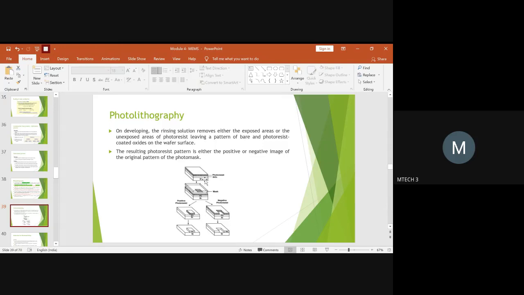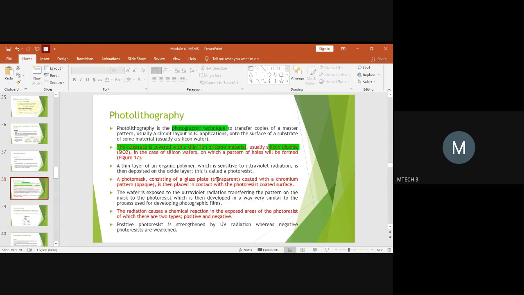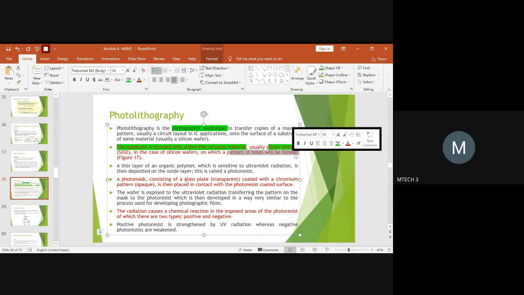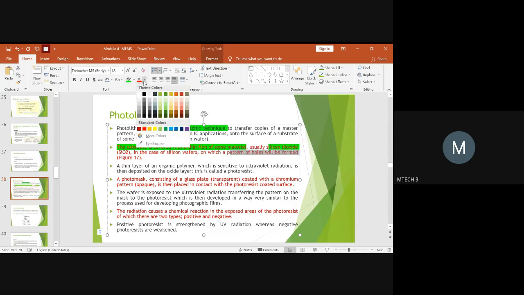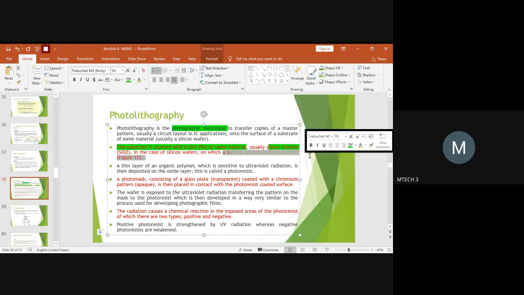If you are using glass, then you have to think about a different adhesive layer. Since we are using silicon, the adhesive layer we are using is silicon oxide, so that it provides proper holding for the pattern which has to be developed. This you have to keep in mind.